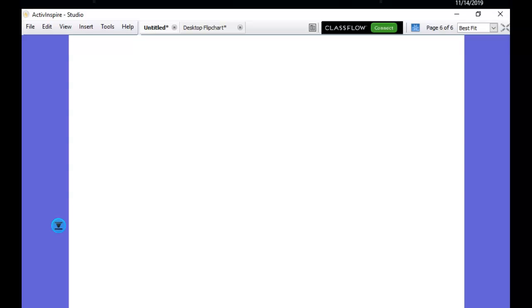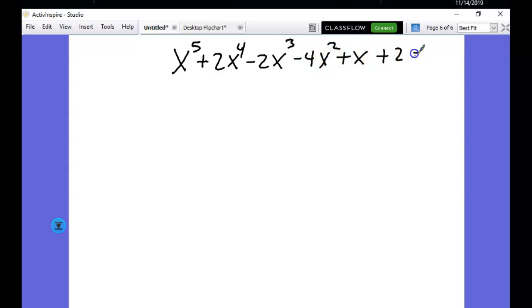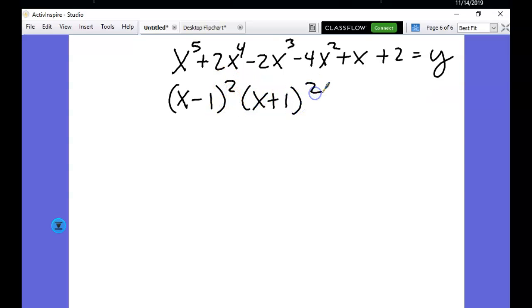So here's your polynomial: x to the 5th plus 2x to the 4th minus 2x to the 3rd minus 4x squared plus x plus 2 equals y. The factored form, I said I was going to do that for you today. It looks like this. So there's the factored form, and I'm going to let you guys take it from there. Go ahead and graph that.